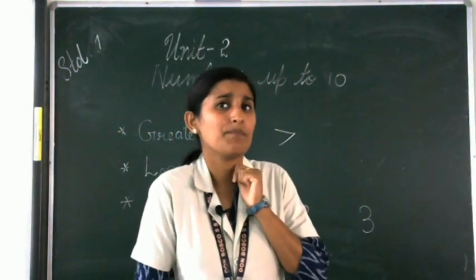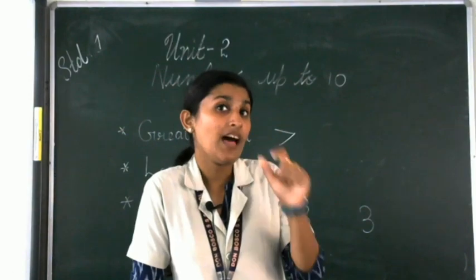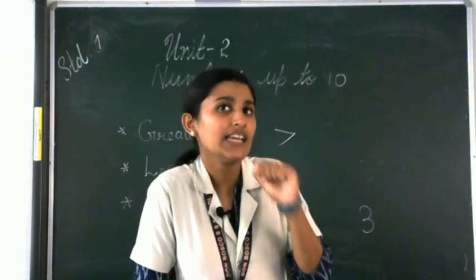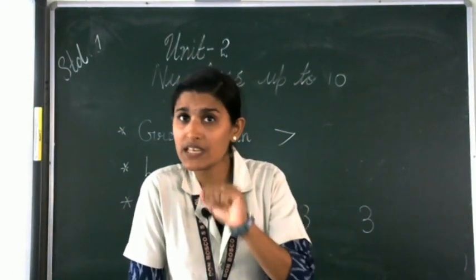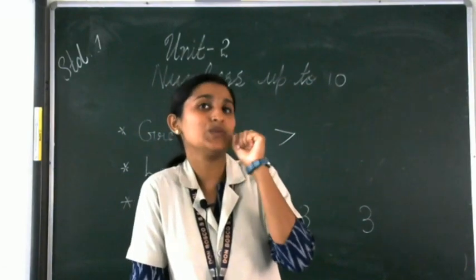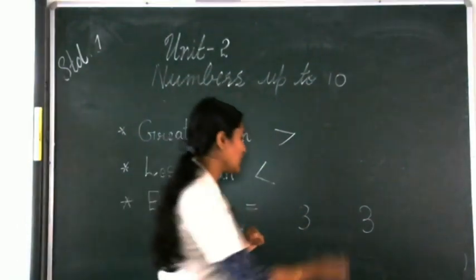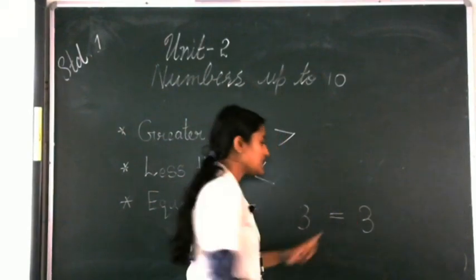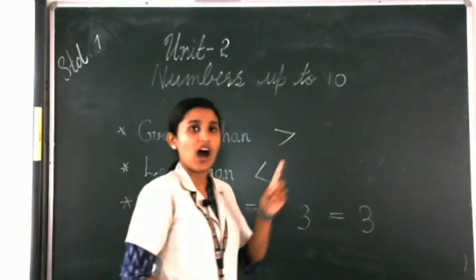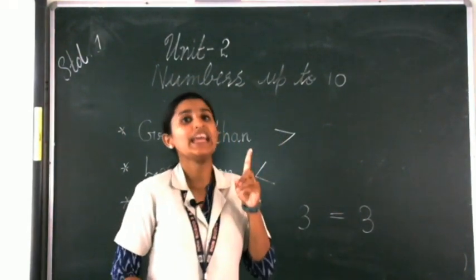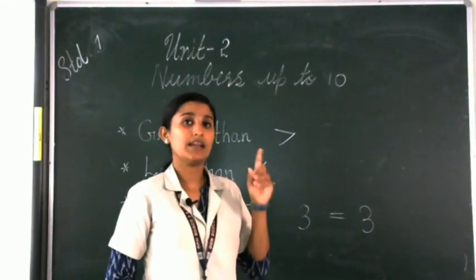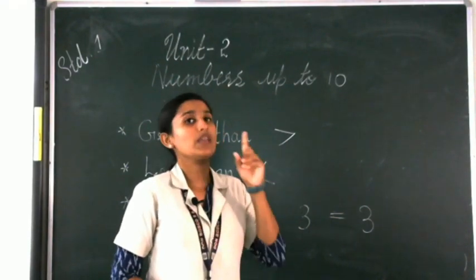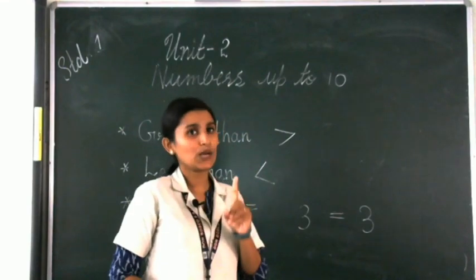So, what is the symbol we use here? They are balancing, they are equal. We use the symbol equal to. When both the numbers are the same, we use the symbol equal to.